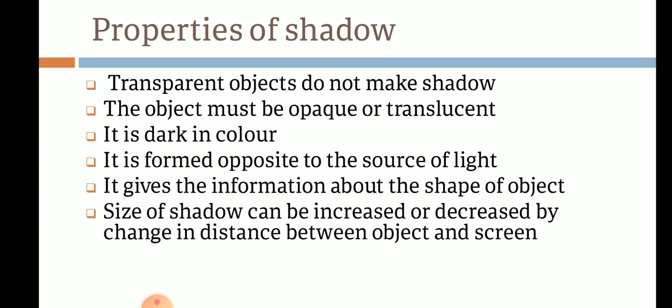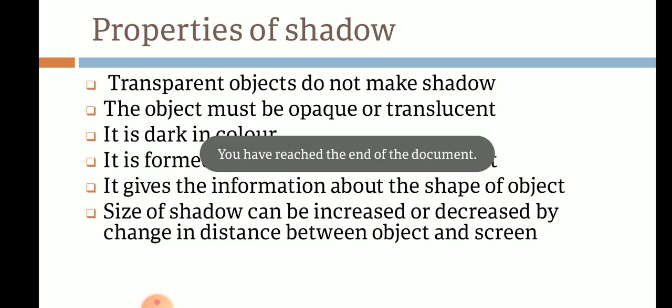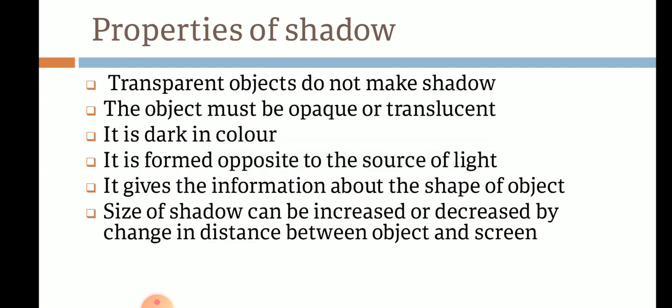Then lastly, there are the properties of shadows. Transparent objects do not make shadows because light passes through them. So the formation of shadows doesn't take place.